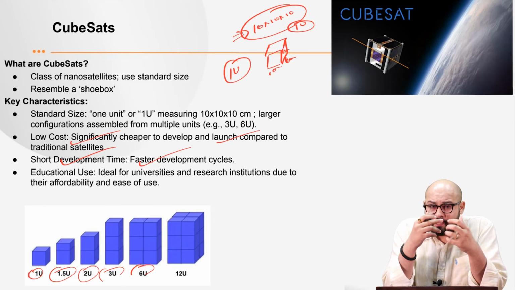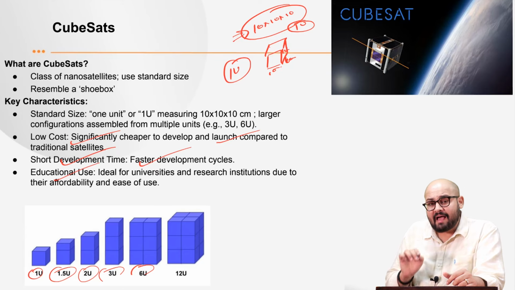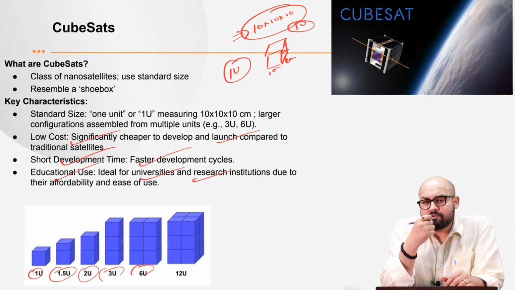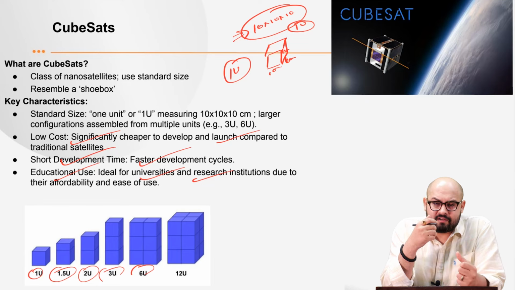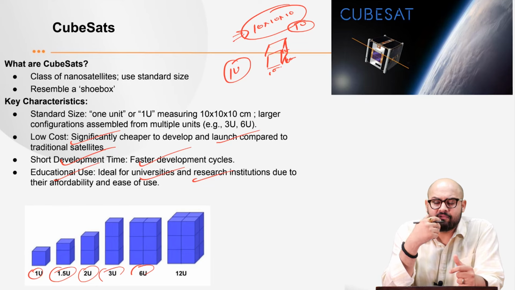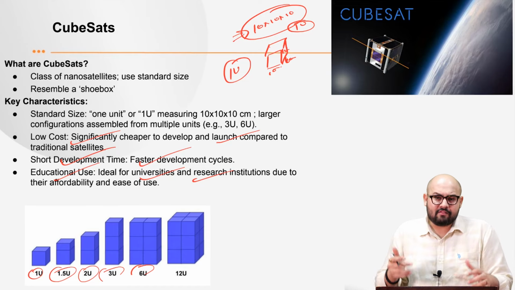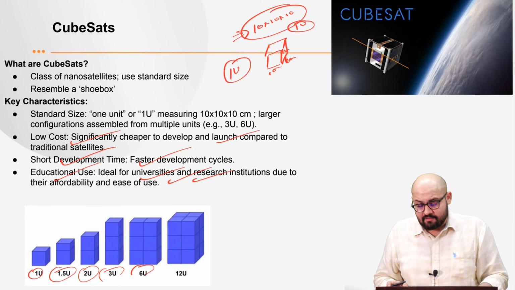Then we have got educational use. It is ideal for universities and research institutions. Especially in countries like India, we have research institutions and universities which have a funding crunch. So these are affordable, right? They can be easily accessible, and then it leads to development of scientific research by these universities and research institutions.